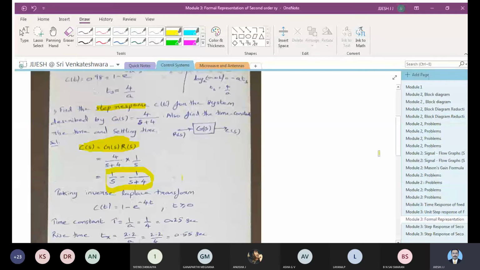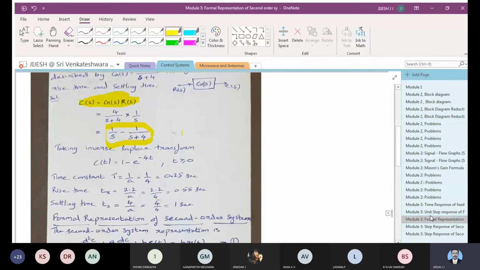So you'll get the next one, settling time. That is 4 by a. So you'll get it as 1 second.